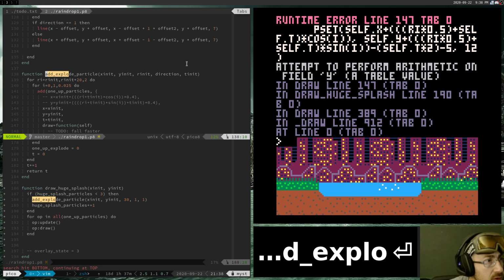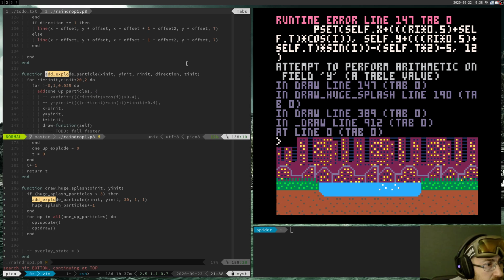Add explode particle. Okay. So X is X in it. Okay, that makes sense. Y in it. 30 is just a, I needed something for the radius direction. And then T in it. All right, so how did we call this the other time though?